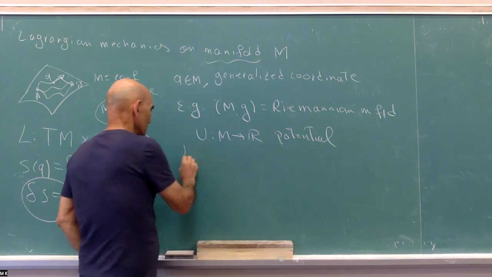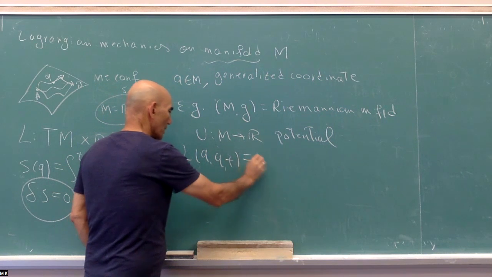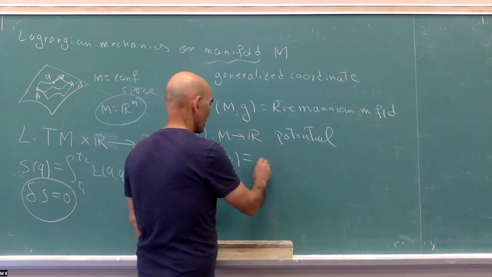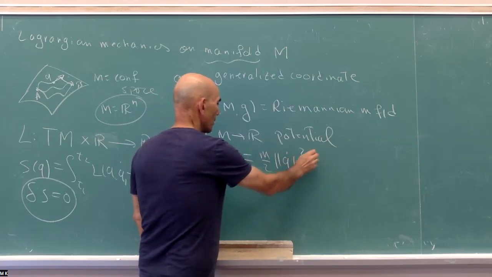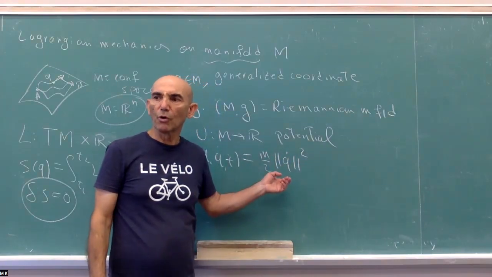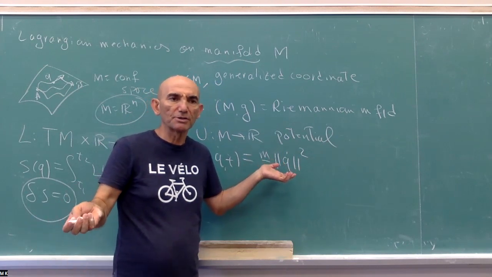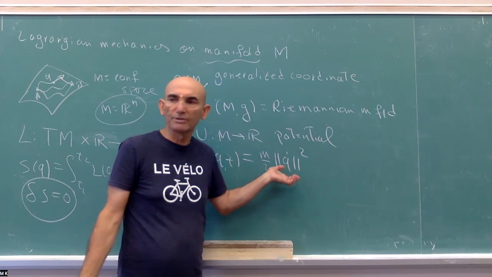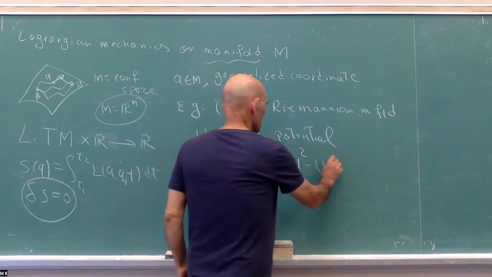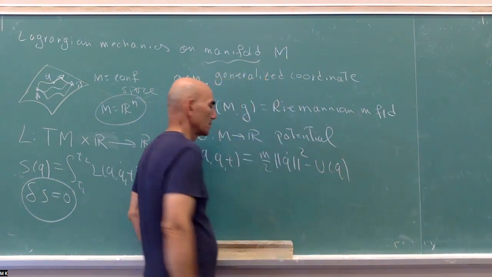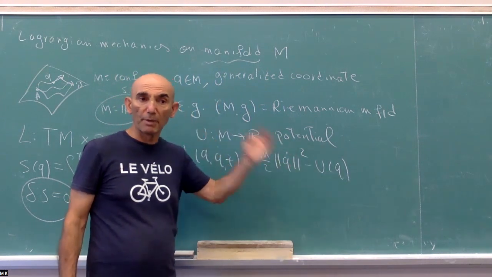And then your Lagrangian L(q, q dot) can be the following: m over 2 times the norm of q dot squared, because we can now compute the norm of any tangent vector, its squared length. This is the Riemannian length, minus U. And this is just a generalization of kinetic minus potential, but now you're over a manifold.